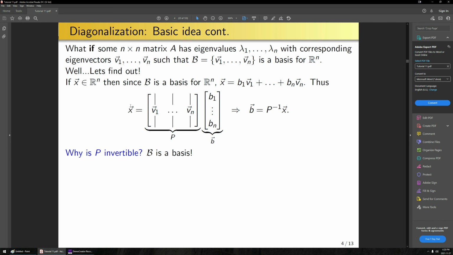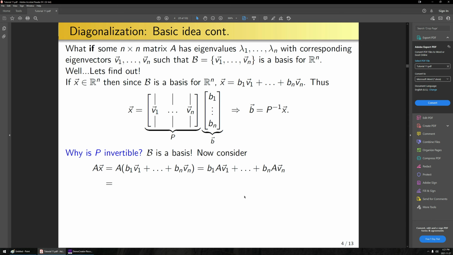Okay, so now that I've done all of this, let's consider A times this vector x. Well, I know x can be written in this basis here, so let's just do that substitution. So x is just this. Now I know A is a matrix, therefore I can split this up by using the linearity of A. That would simply be b1 A v1 plus all the way up to bn A vn.